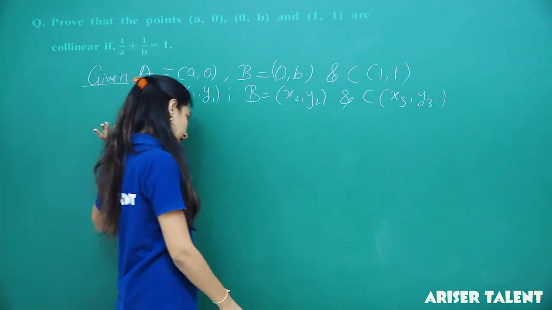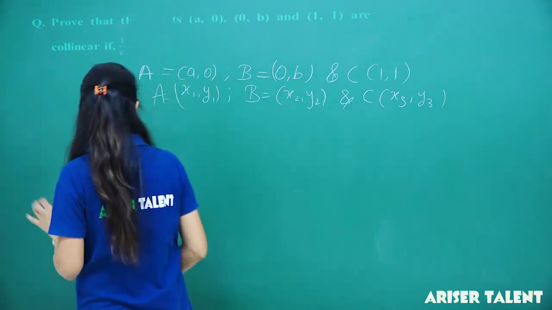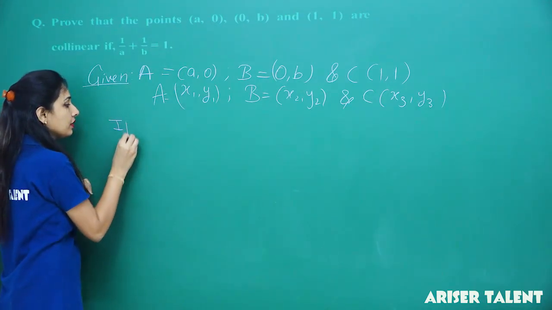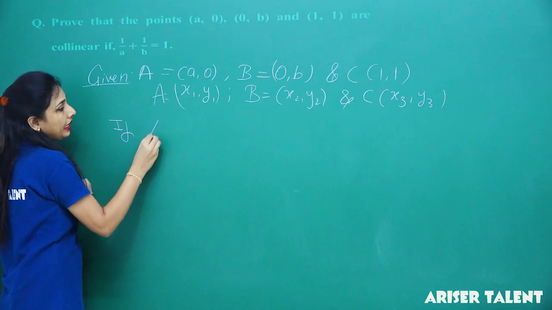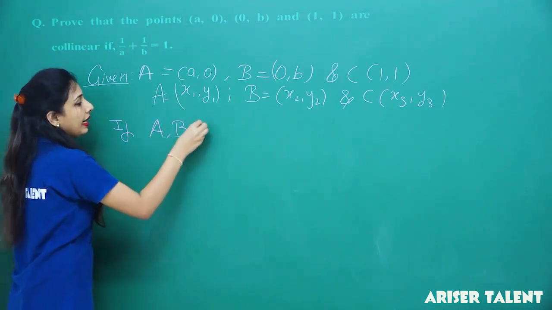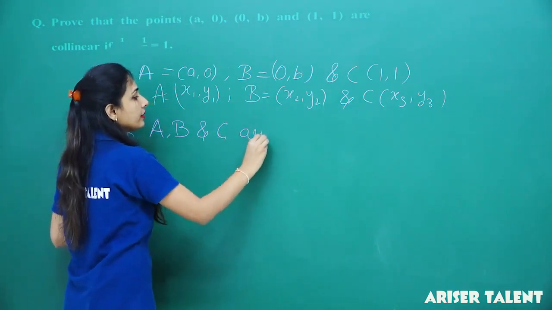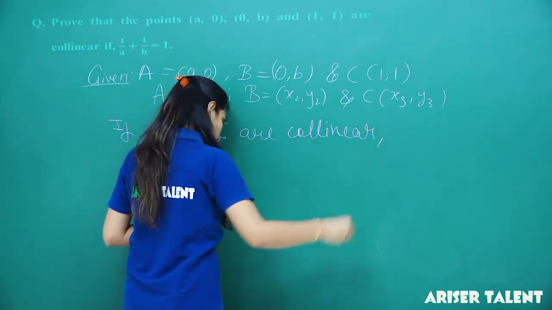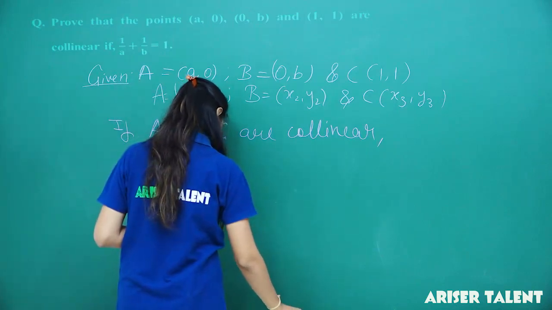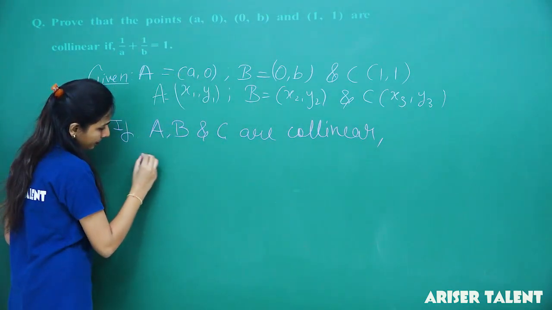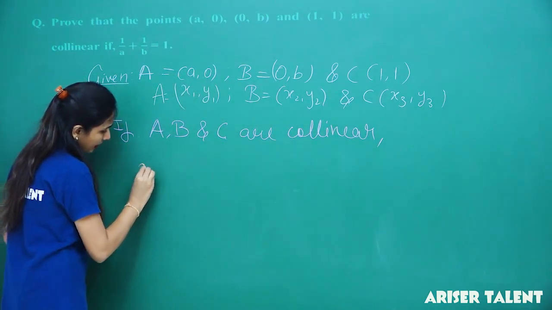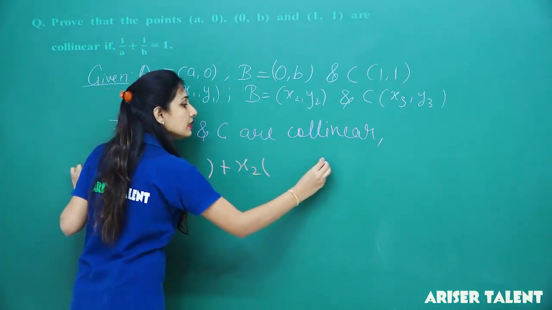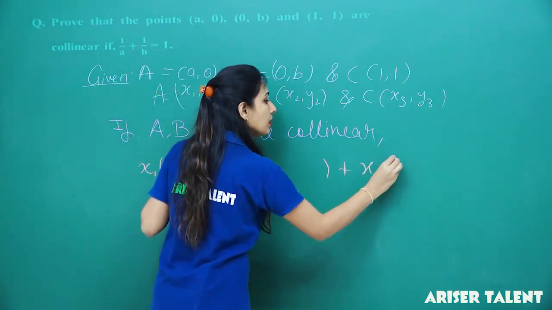Now you have a formula, students. What formula? If A, B and C are collinear, what does that mean? That x1 something plus x2 something plus x3 something.